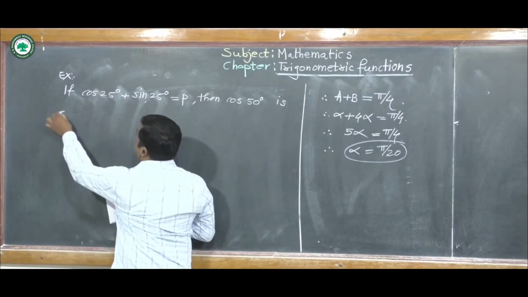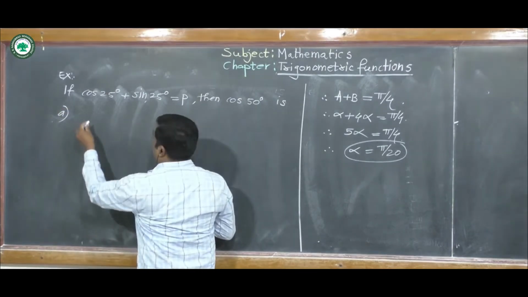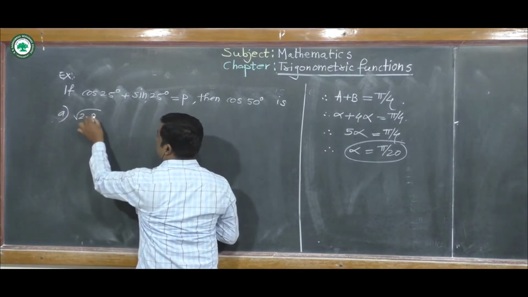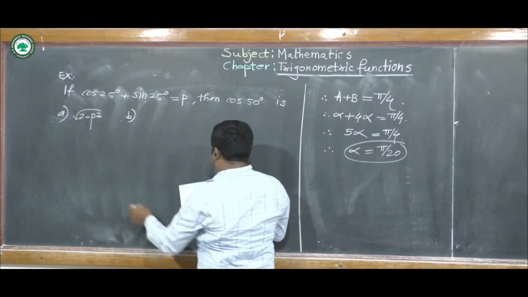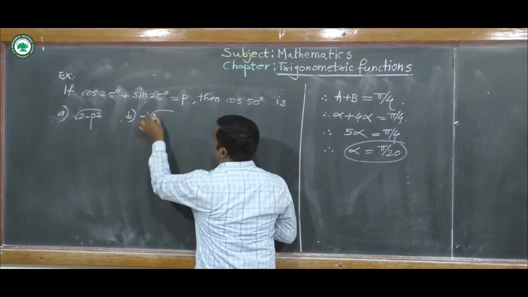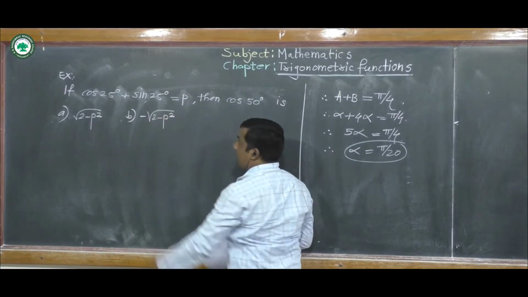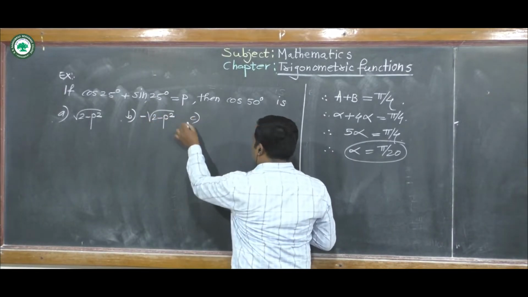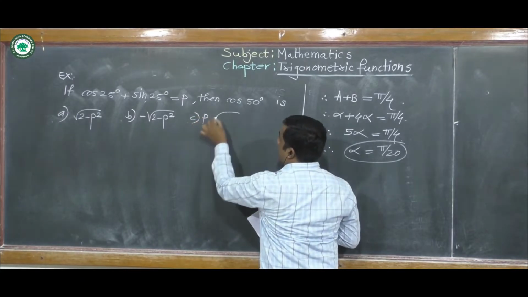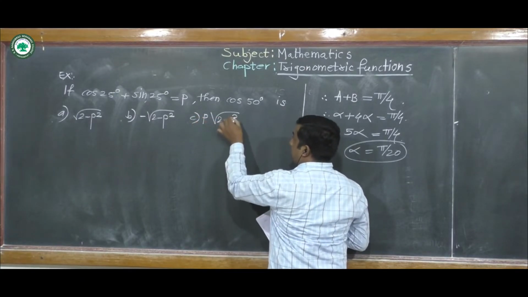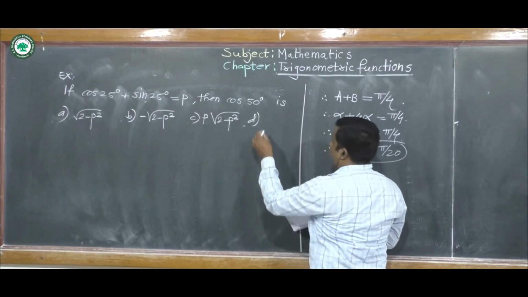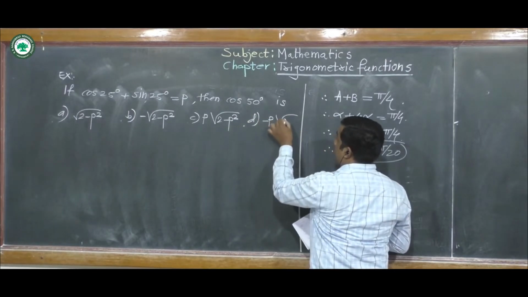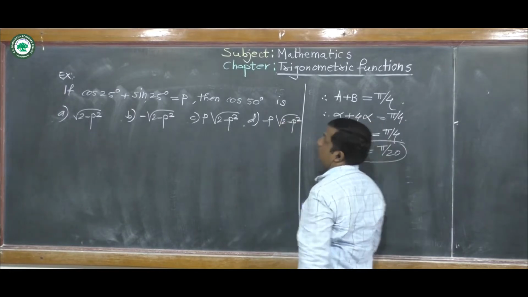The options are: in first, square root of 2 minus p square; in B, minus square root of 2 minus p square; in third, p into square root of 2 minus p square; and in D, minus p into square root of 2 minus p square.